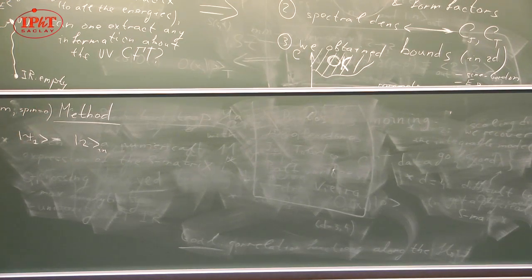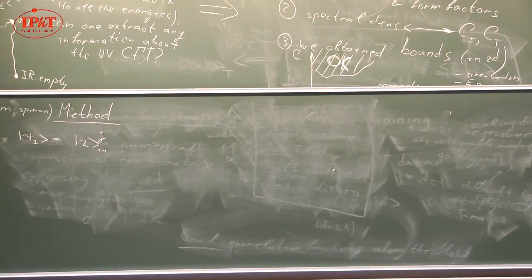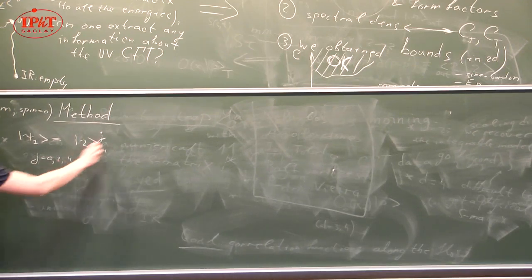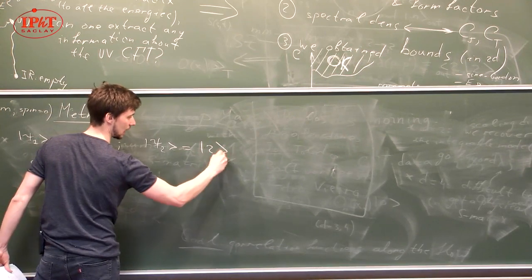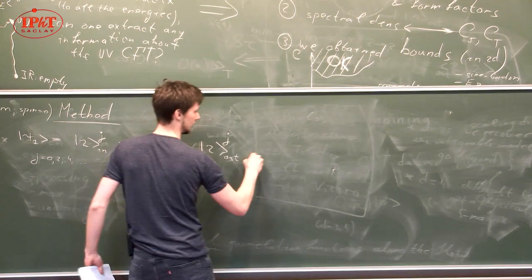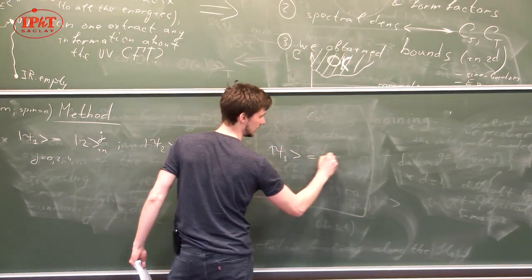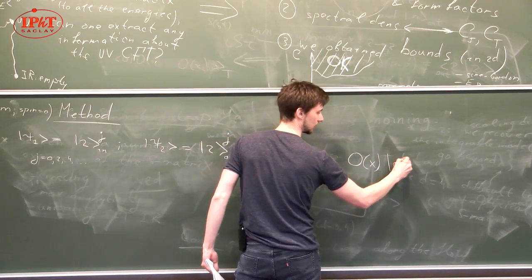However, when we have a system of 2 particles, there is an orbital angular momentum, and we can project these states to a definite total spin, which is j. And for identical particles, j can be only even, so 0, 2, 4, etc. Now I can define this second state, which is the 2-particle out state, also projected to definite spin. And the third state is some local operator, which is a scalar quantity, acting on the vacuum.